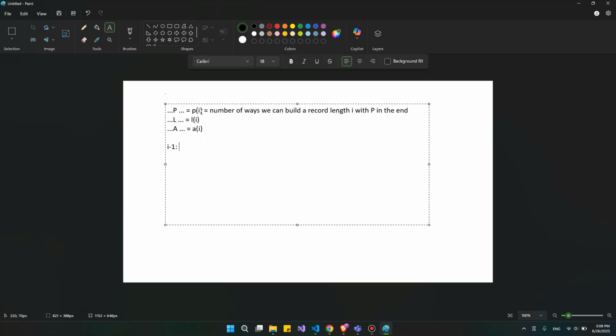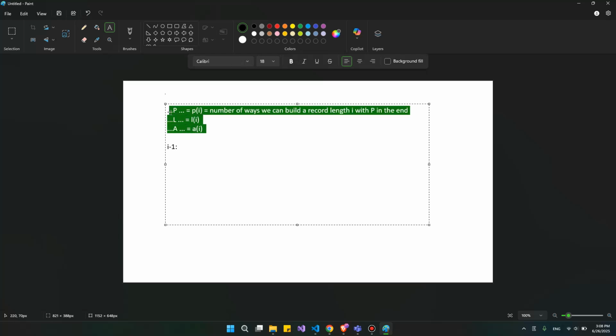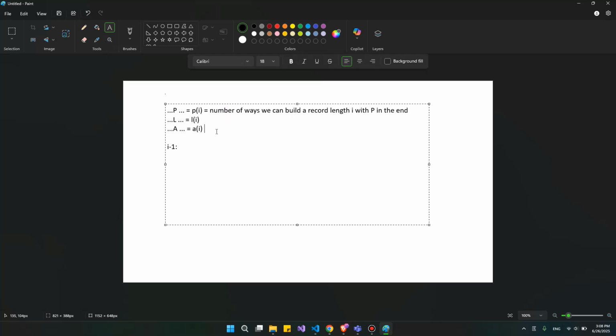It can be the previous P plus one, or maybe L minus one, or I, right.